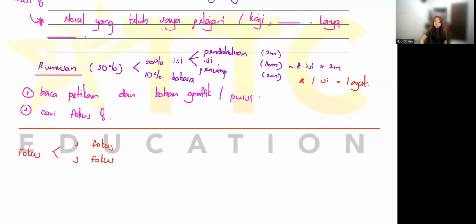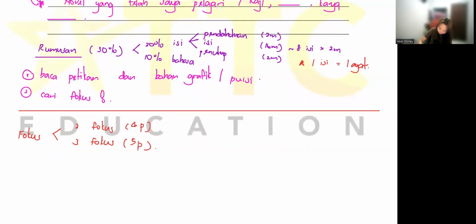How many paragraphs? 1 focus, 1 paragraph. Pendahuluan, penutup, 1 each. So if it's 2 focus, 4 paragraphs. If it's 3 focus, 5 paragraphs. Can you remember that?